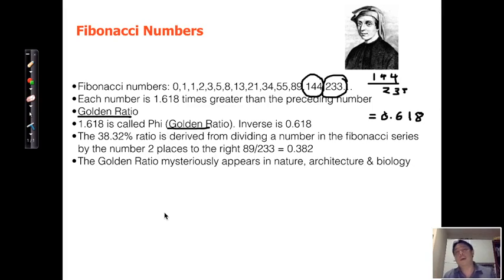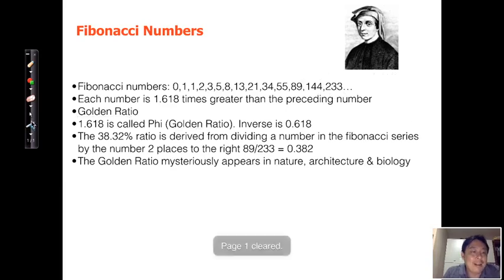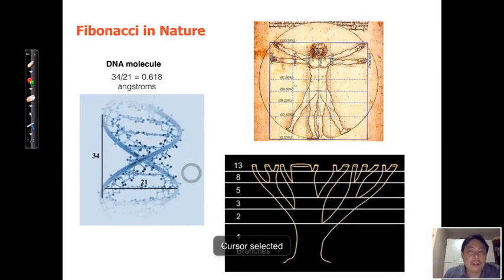And you may say, okay, so what's so special about this golden ratio 0.618? Well, here's the thing. It appears everywhere in nature, and it's fascinating, and it's miraculous. Okay, for example, here are a few examples of how it appears in nature.